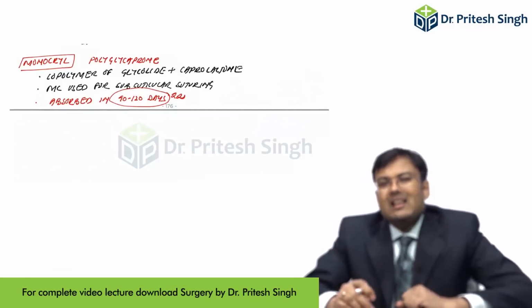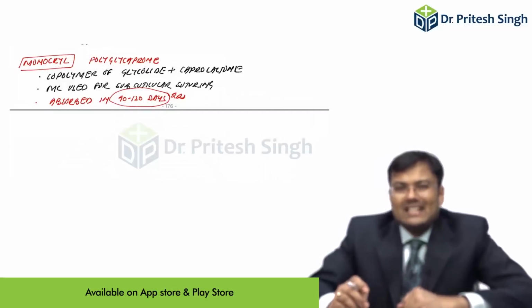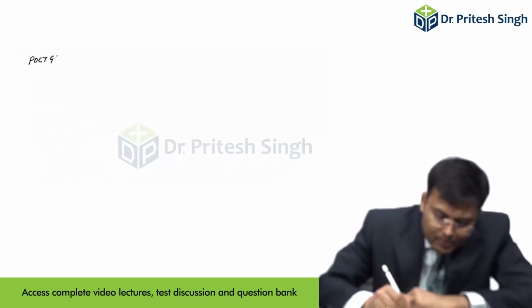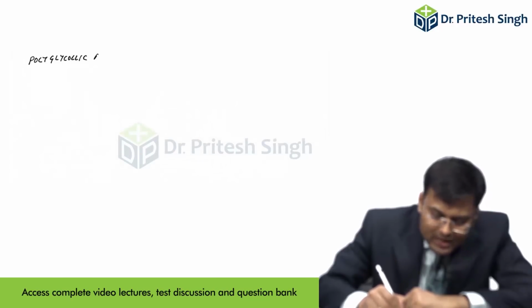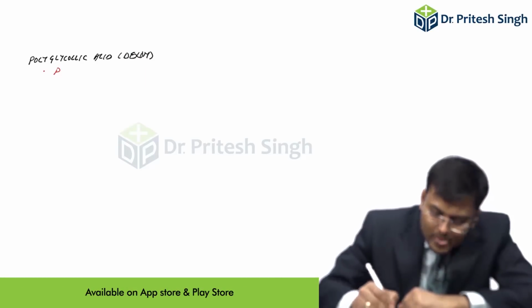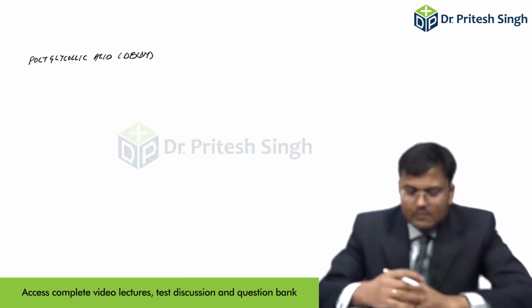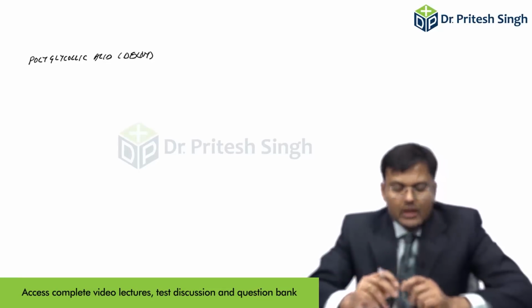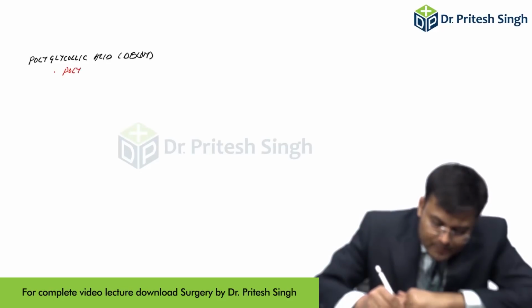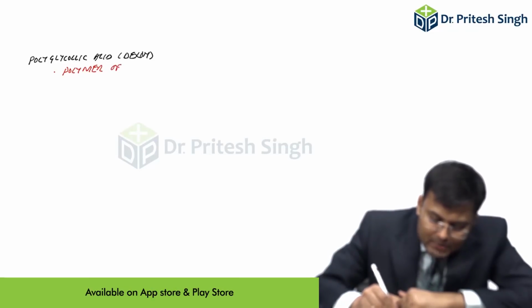Next, polyglycolic acid, that is also known as Dexon. What's the problem? It's the polymer of polyglycolic acid.